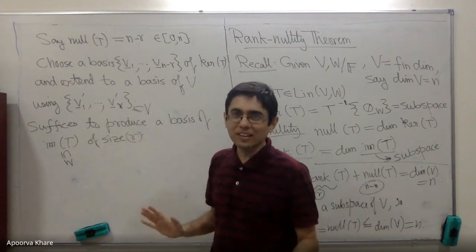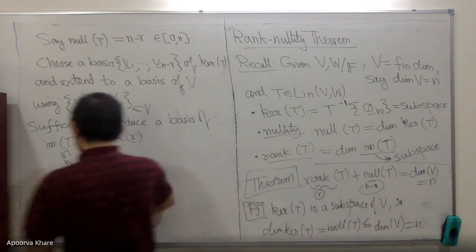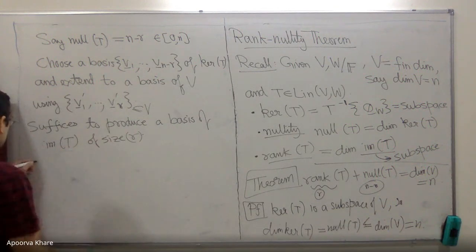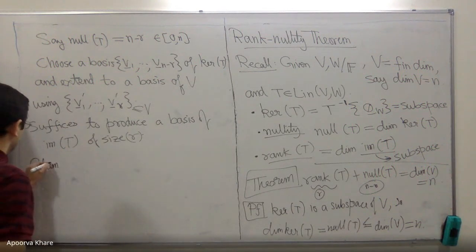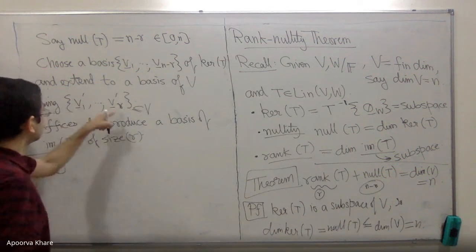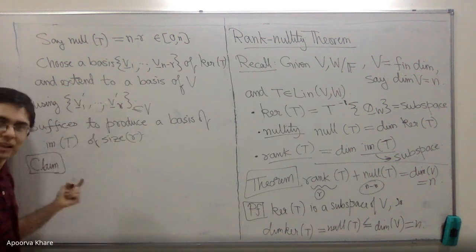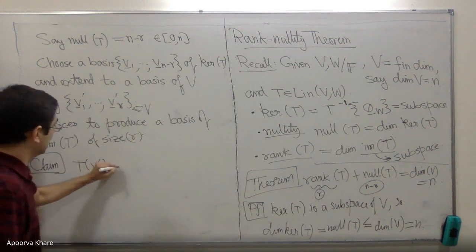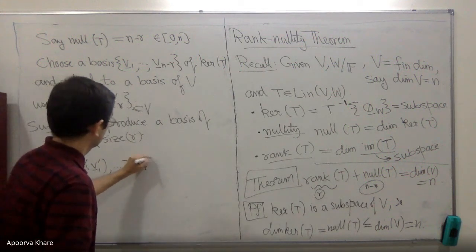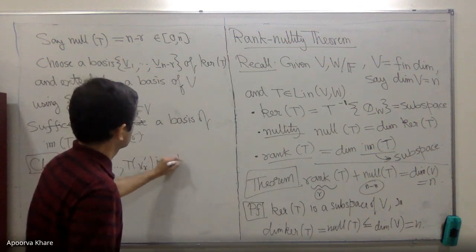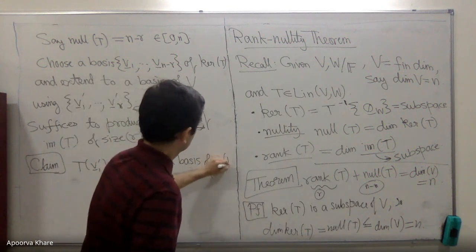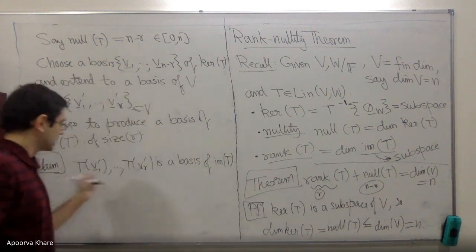But they basically are, in the sense that we are going to now claim. Look at the map T acting on these vectors. The claim is that's the basis. And once we prove that, we are done.